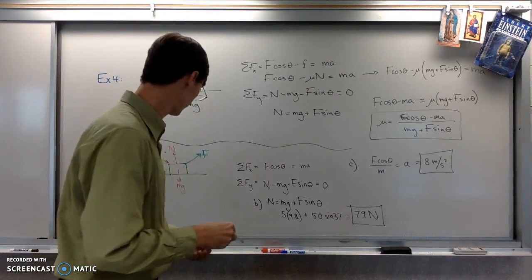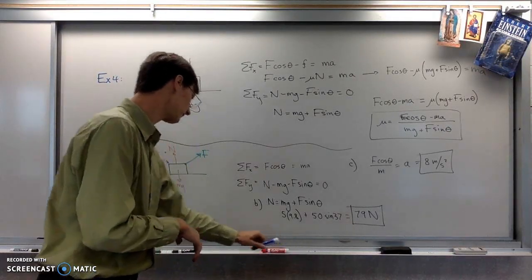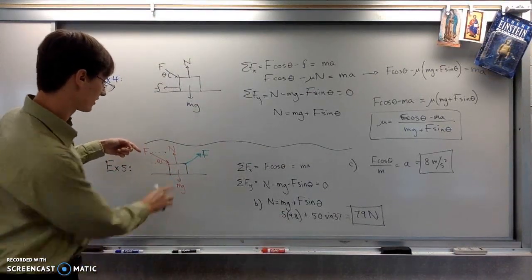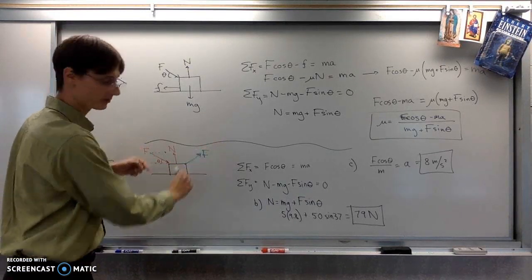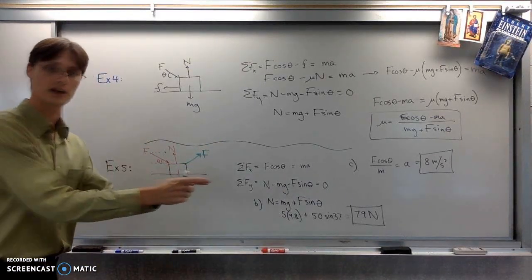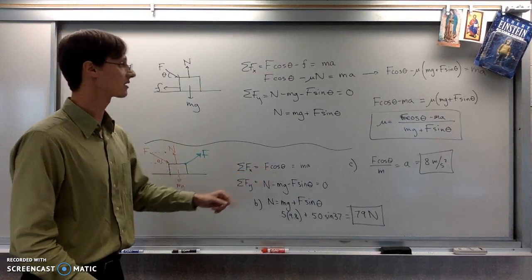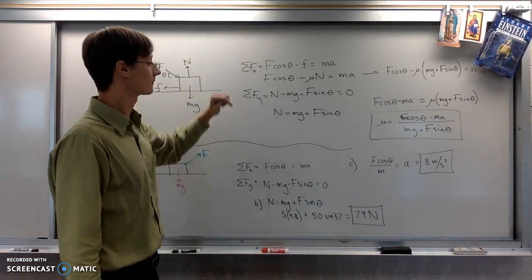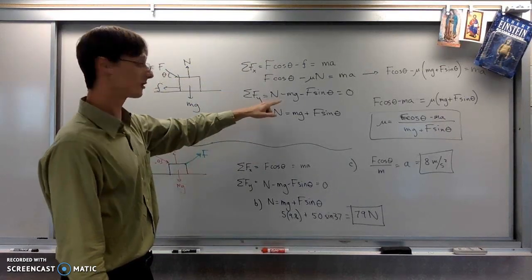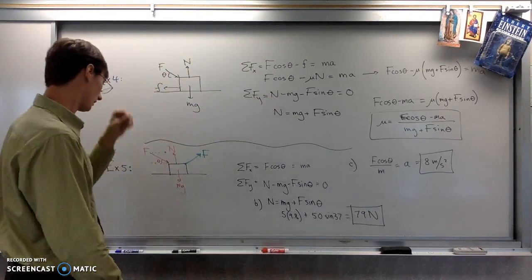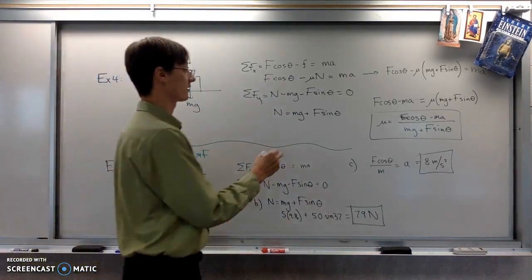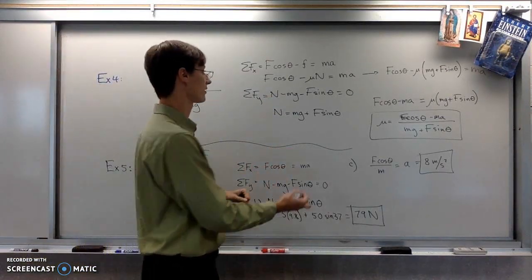There's only one thing we have to change. If we apply the force at an upwards angle instead of a downwards angle, the force is still applied to the right, so the x component won't change at all. The vertical component, though, is going to go from being down-ish to being up-ish, so in the same direction as the normal force.